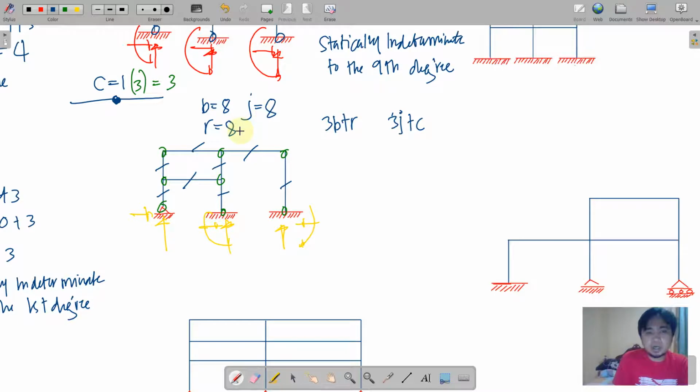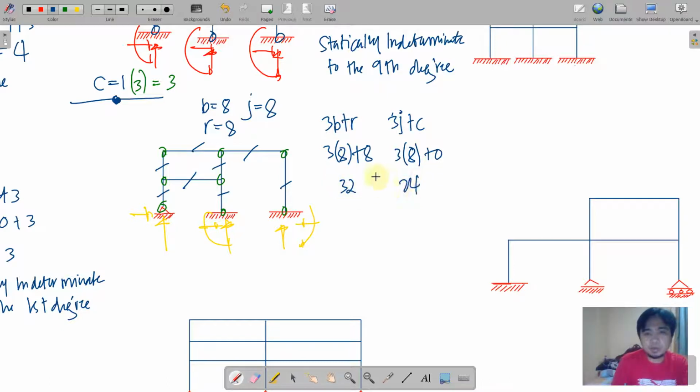So we do not have any internal reaction here, so that is 0. So substituting now the values, we have 3 times 8 plus 8, 3 times 8 plus 0. So 8 times 3 is 24 plus 8, that is 32.